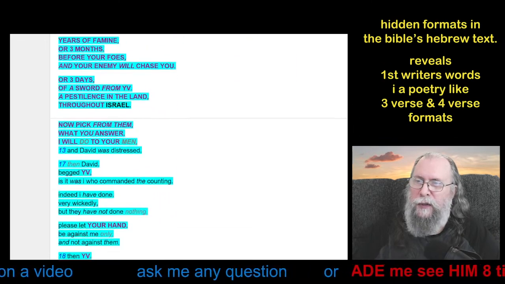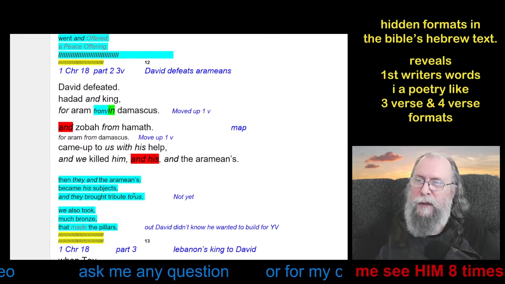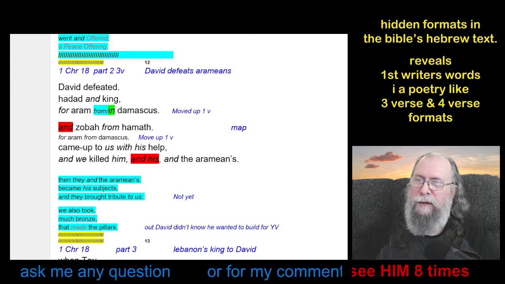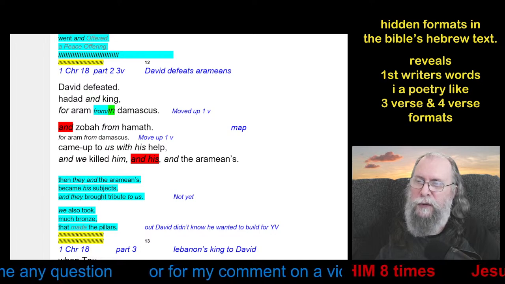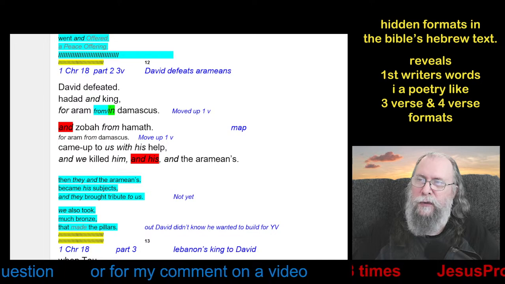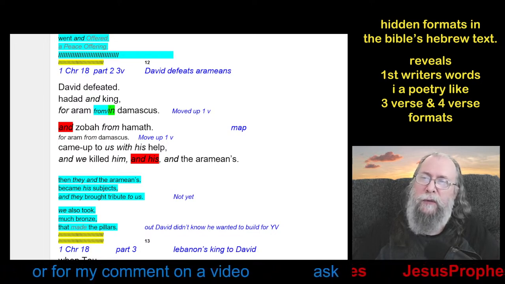There's more text that's going to be taken out, and then you can see here this actually doesn't happen yet. It's mentioned later. So, for example, this was from 1 Corinthians 1, chapter 18, part 2.